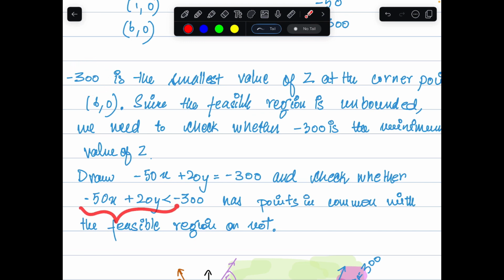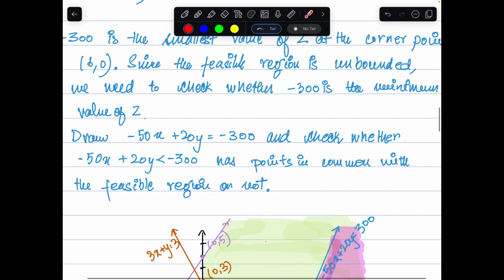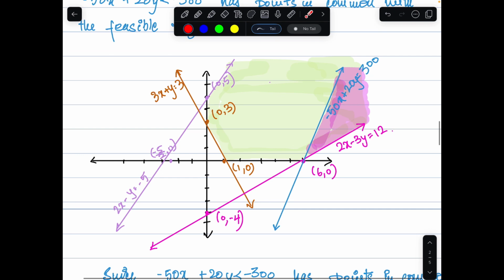But if I get any other x and y for which the objective function is lesser than minus 300, then that's a problem. So I have plotted it here with the blue line. Now you can see this inequality, when I place it, this is the region that I got. What can you say about this? I cannot point to one place where I will get a smaller value. I have many points for which this objective function will be less than minus 300.